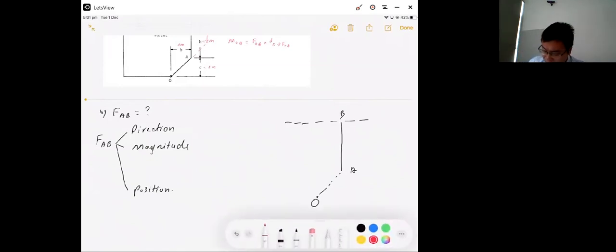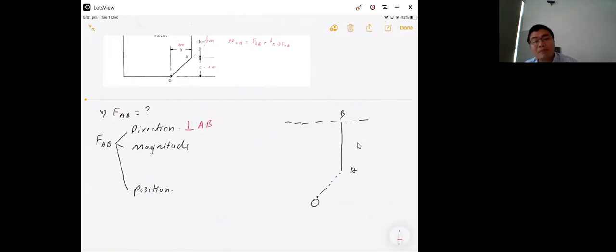Direction: perpendicular with AB. Okay. Magnitude: pressure, sorry, force.